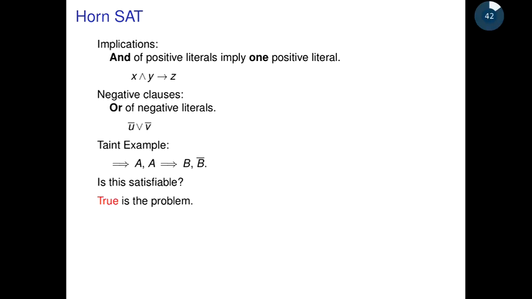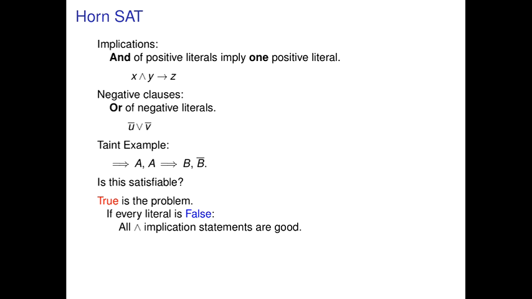Here, true is a problem. Because implications are fine. They're always going to work as long as you just set everything to true. That kind of works. But the problem is when you set things to true, these negated clauses may not be true. Not true is false, right? So you want to set nothing to be true. If every literal is false, all the implication statements are good.